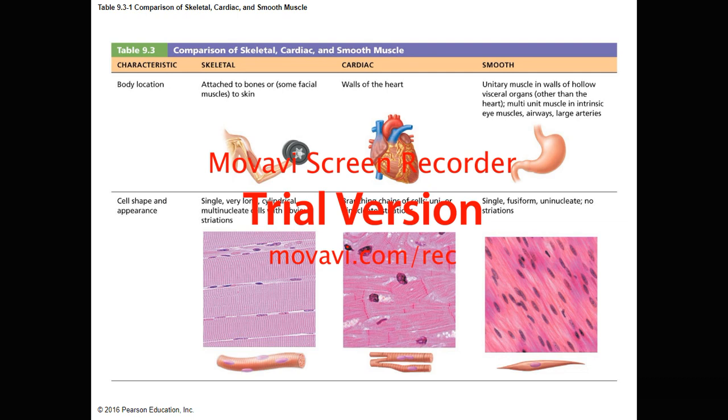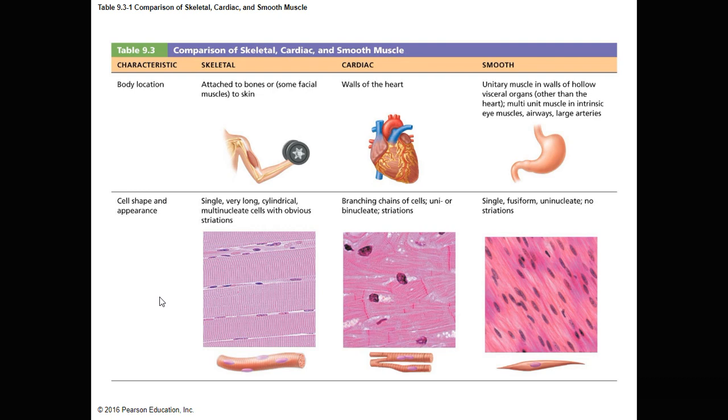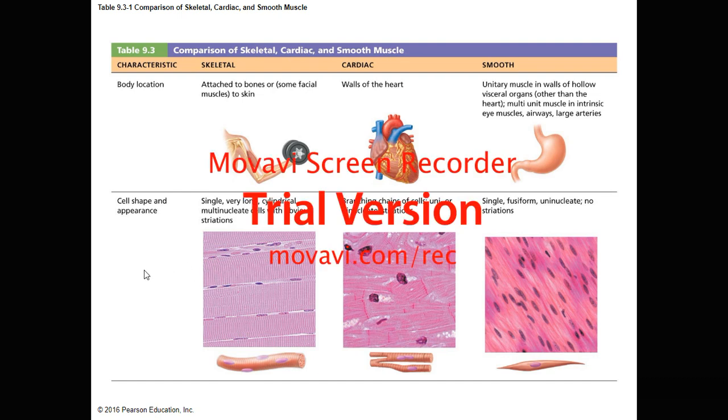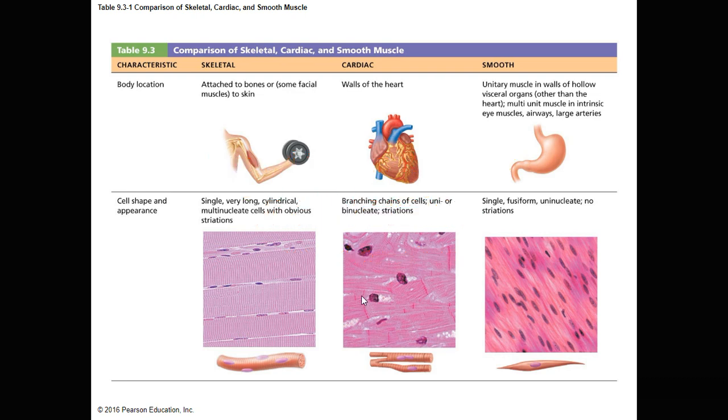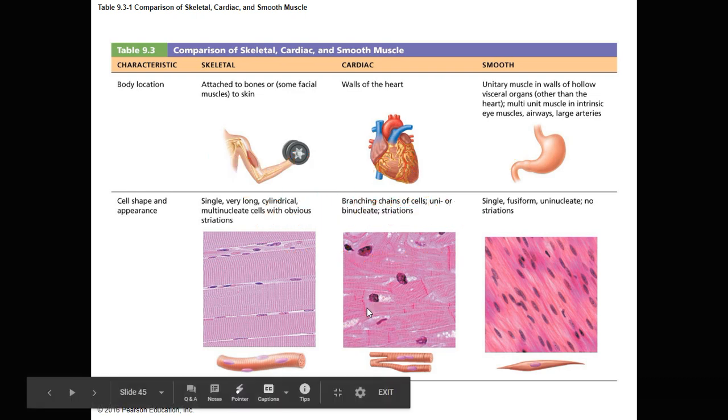So again, skeletal muscle, they're made of these long, elongated muscle fibers, muscle cells. Okay, they're long, elongated, and they have multiple nuclei, and they have these striations. Cardiac muscle also has striations, but they have these intercalated discs.